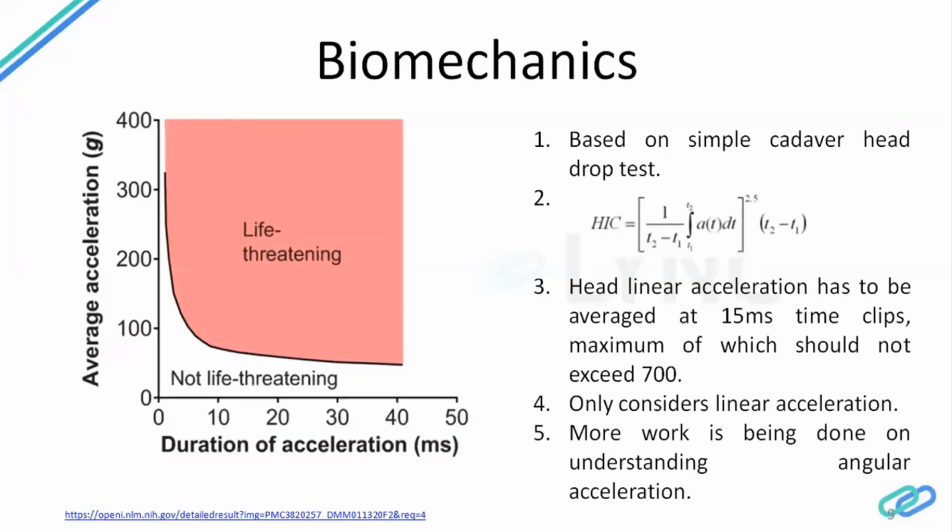So this curve here you see is called the Wayne State tolerance curve. It's called so because it was first developed at the university called Wayne State University in Detroit, Michigan, and I have been very fortunate to study in that university.